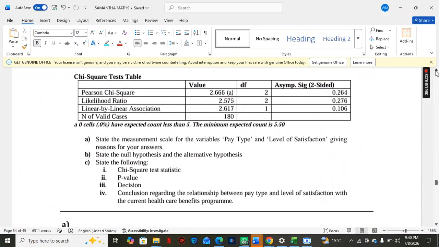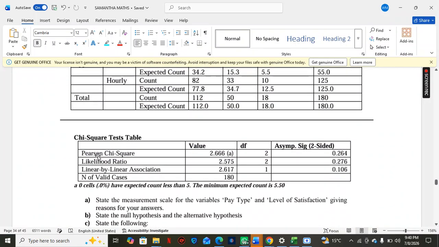According to this table, have you seen this Pearson chi-square? This is the test statistic. Usually when you're doing questions with chi-square, you have to calculate this test statistic, or you can run software to calculate it for you.